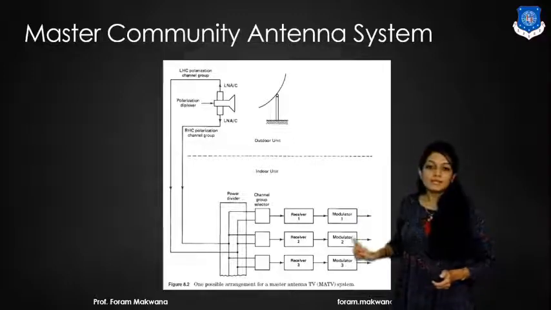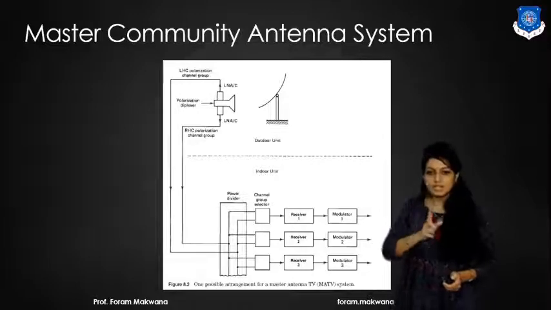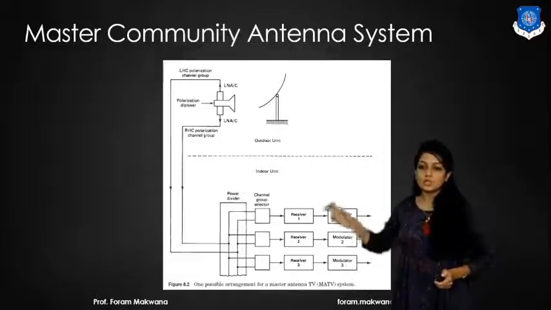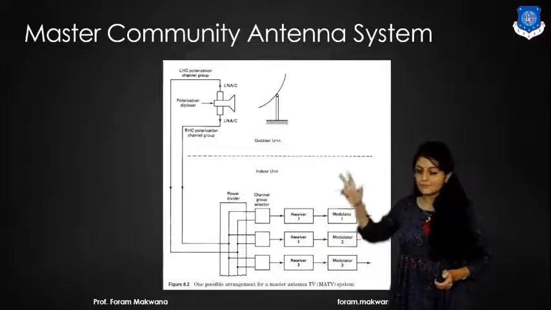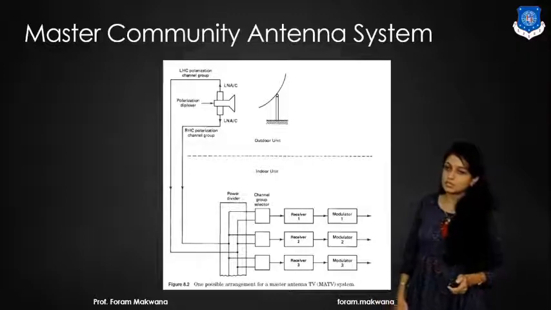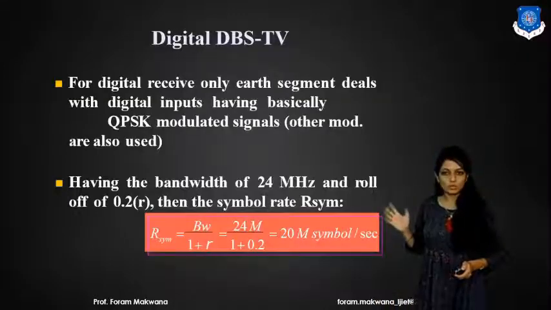We select the channel with the help of video, and that channel has a specific frequency, which is selected by the channel group selector. This is the way the master antenna TV system works.